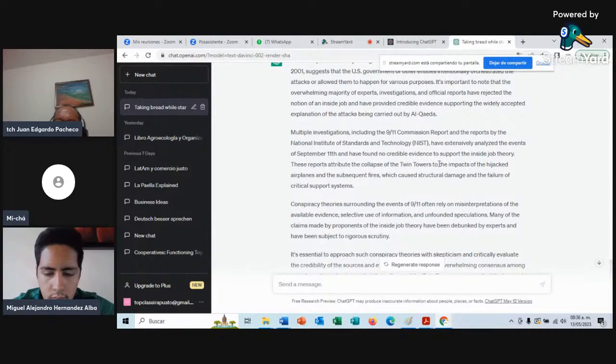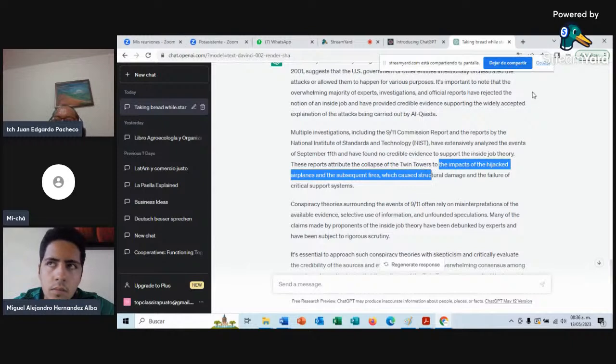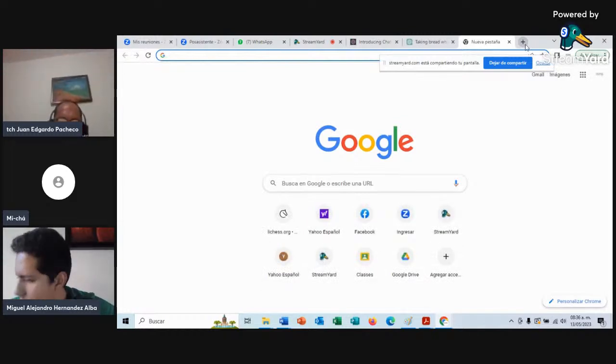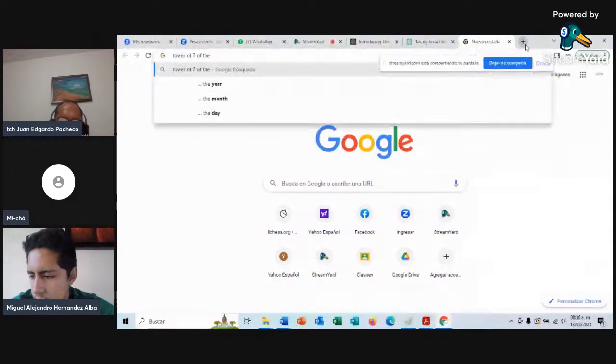They say the impacts of the hijacked airplanes caused the collapse of the Twin Towers. However, please look up on the internet tower number seven of the 9/11 attack. Can you look for that, please? I don't know if they have removed the videos.